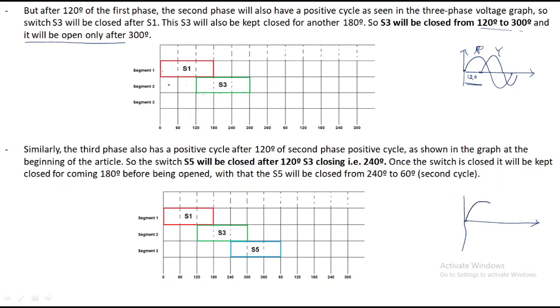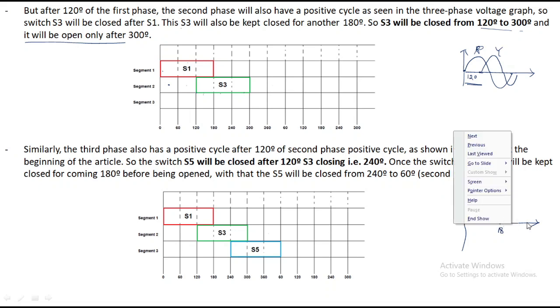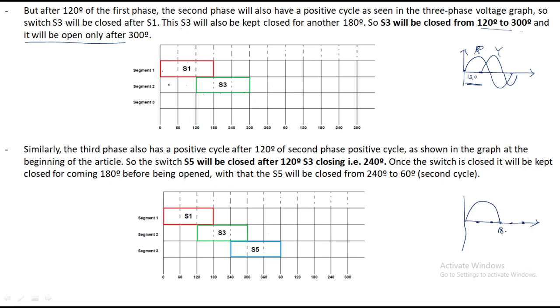Once again, look at this is the R phase, this is 180 and this is 240 like that. So if the R phase is like this, the Y phase is like this. After 240, the B phase will be started.